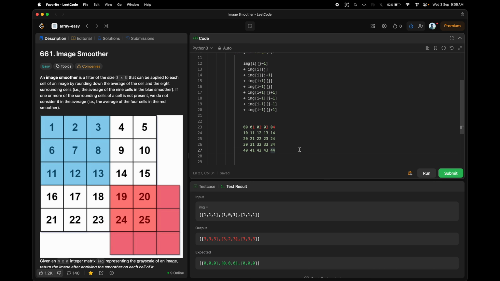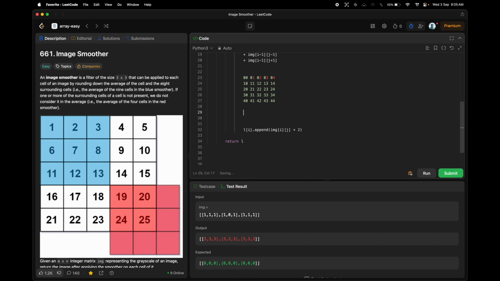If it is an edge, then I know it will have 6. So there are two things I can see now. One is corner. For corner I will see 4 values. For edges I will see 6 values.